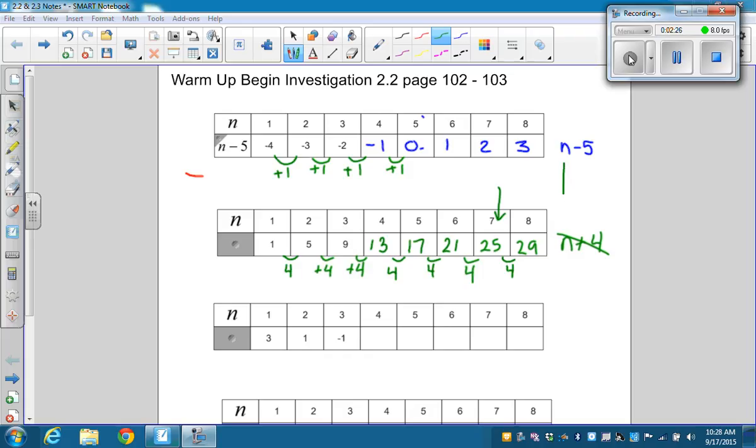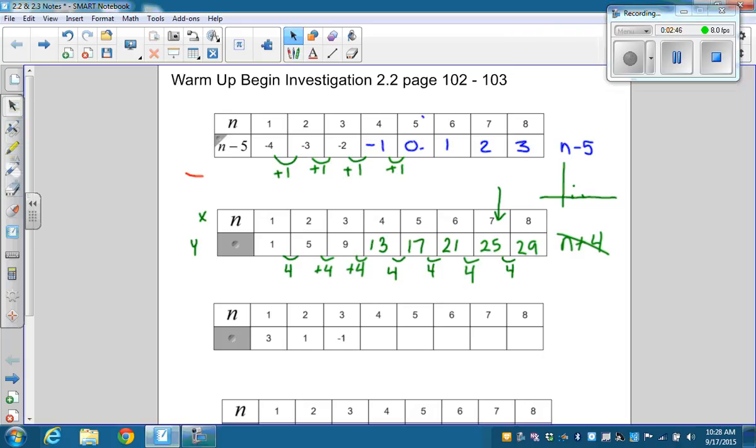I want to show you, if I were going to plot some points, just think about this algebraically. If this were your x up here, your input, and that's your y, it would go through the point 1, 1, and then 2, 5, which would be a little higher up.